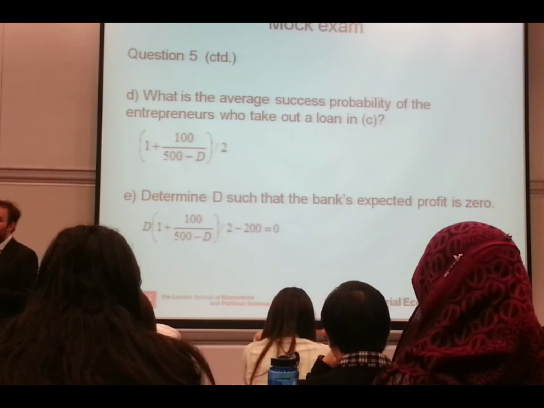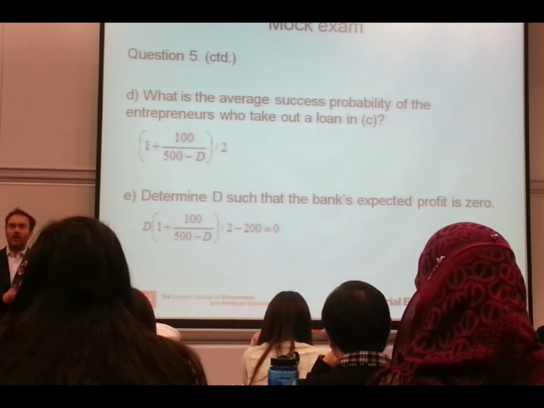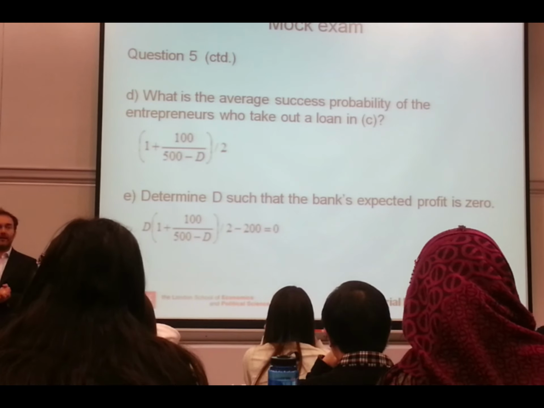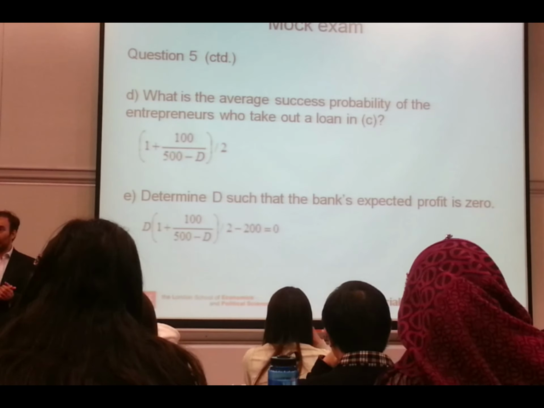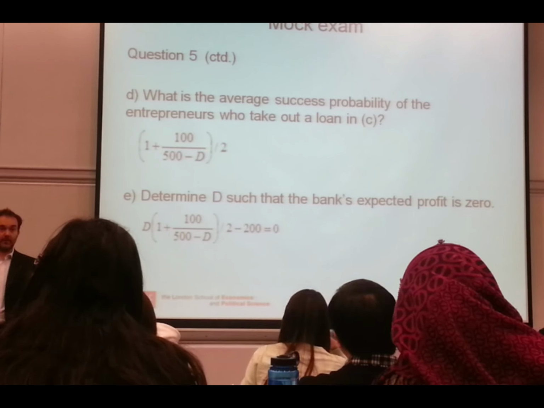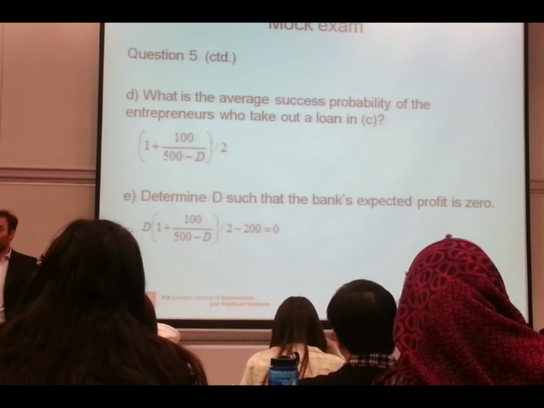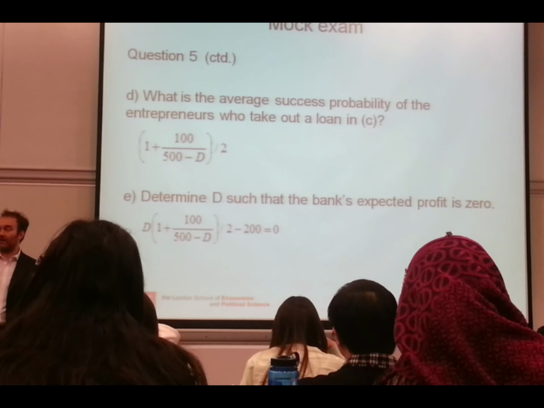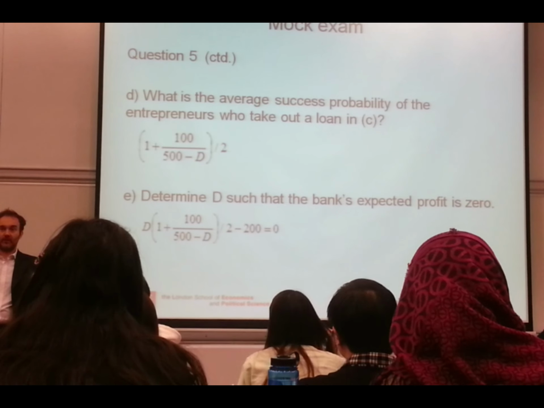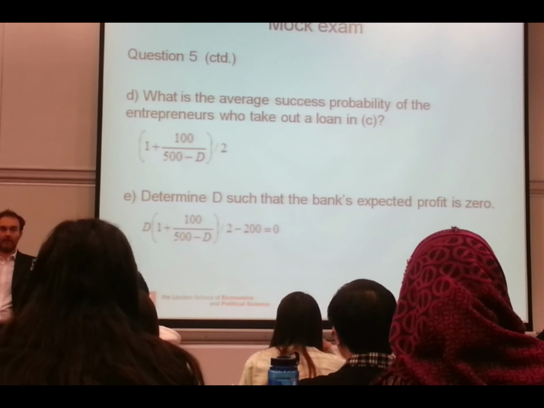let's take a step back. So we know a couple of things. We know that the entrepreneurs are heterogeneous in their success probability, meaning that some people will have a success probability that's very close to 0. Some people will have one that's very close to 1. We have a uniform distribution between 0 and 1, right?